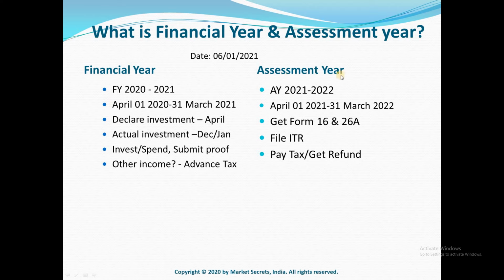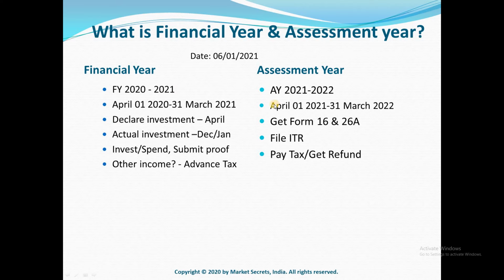This is where a lot of people will get confused. So today's date is Jan 6, 2021, but we are still in the assessment year 2019-2020. So the current assessment year is 2019-2020. So this is what you should remember. So for the financial year 2020-2021, the assessment year will be 2021-2022.